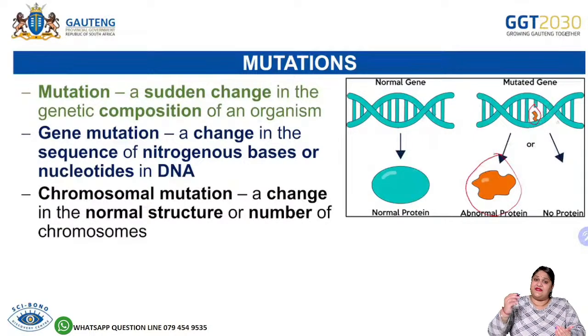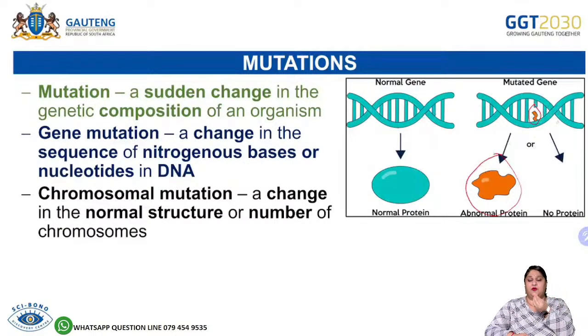But sometimes that change in the DNA structure doesn't have an effect. Why does it sometimes not have an effect? Because sometimes different tRNAs can pick up the same amino acid. So we can have two different tRNAs, but they are picking up the same amino acid.